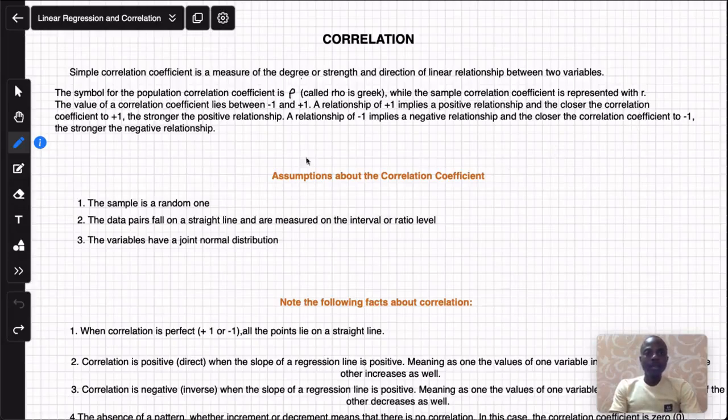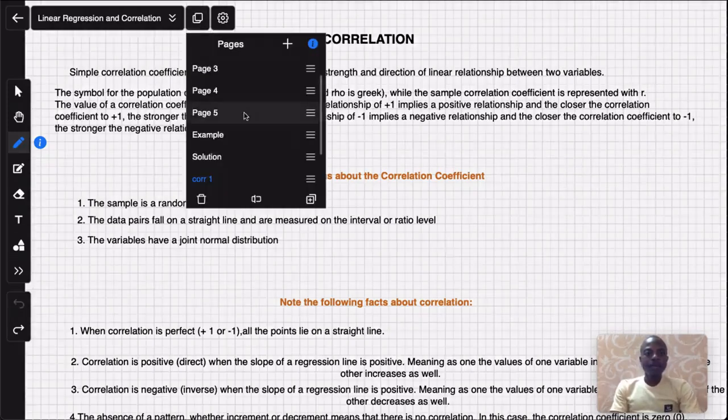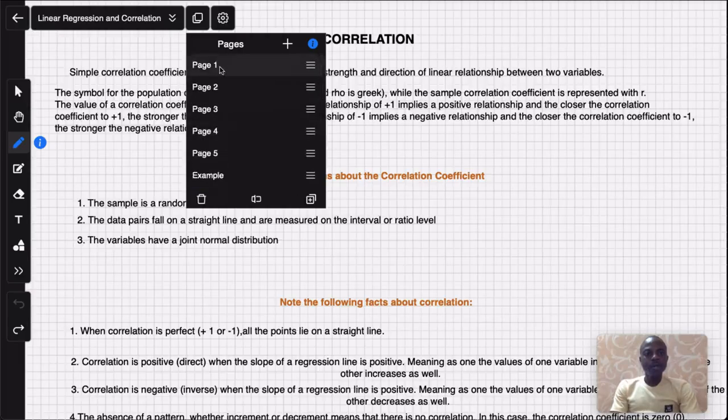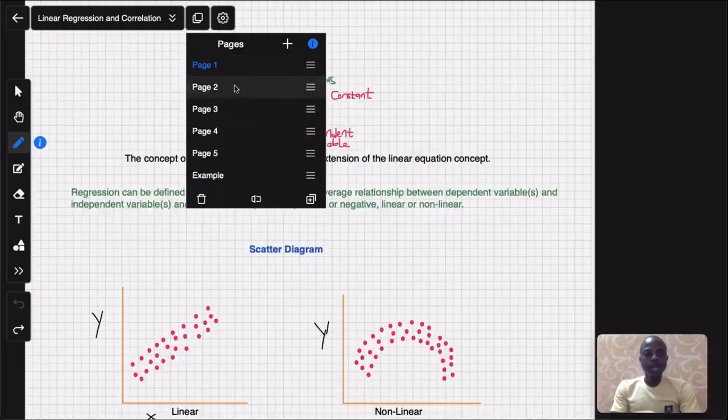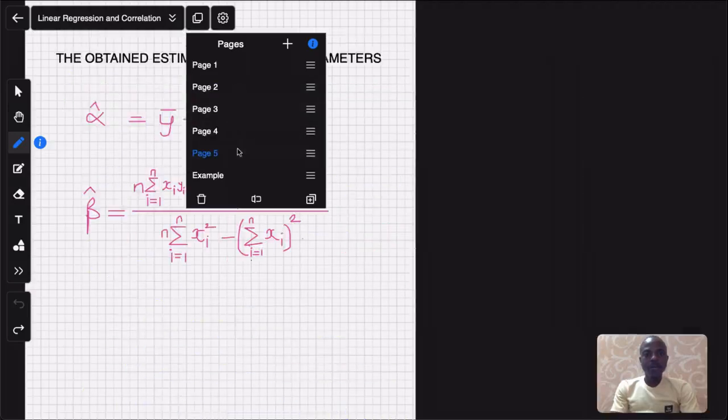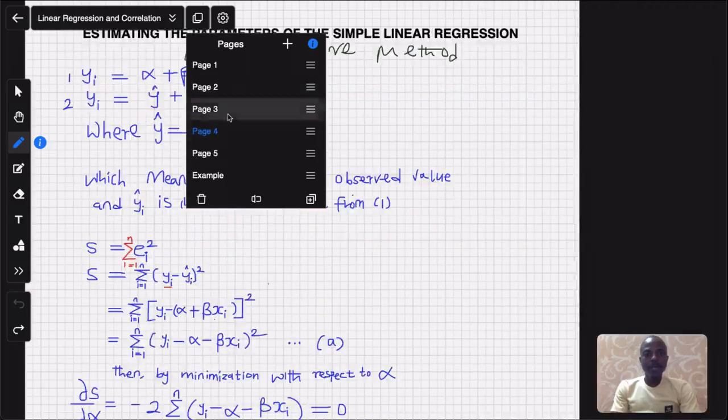All right. So, looking at this, we are trying to see if as one variable increases, maybe the other one also increases, or as one variable decreases, the other one also decreases. And if you remember, when we looked at what we called a regression line, we said it could happen in a number of ways.